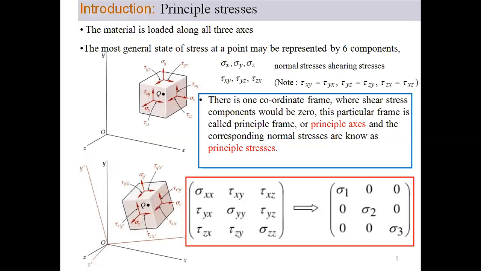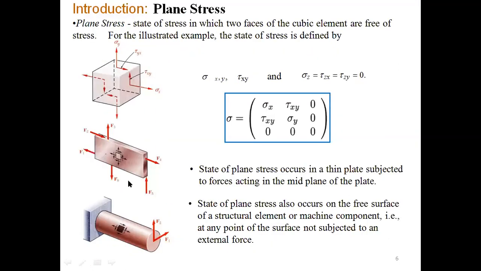In the previous case, when we have a general state of loading in all three directions, the problem would be three-dimensional, and you need to find all these 9 components. But here, from the beginning, we know this is the case of two-dimensional, or biaxial, stresses. We classify this as a plane stress problem.